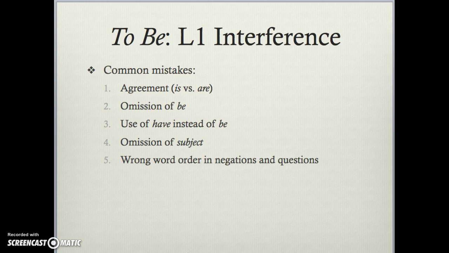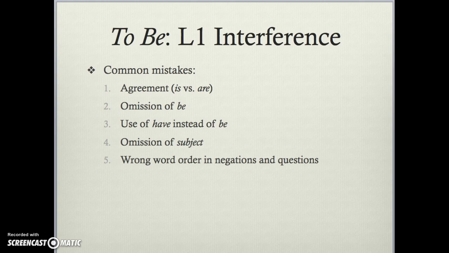Point 2, ELLs omit be and might say, I tired, for example. We can understand even without the verb, and so that might get overlooked. Point 3, because of L1 interference, certain expressions of be might be replaced with have, like I have 24 years old instead of I am.